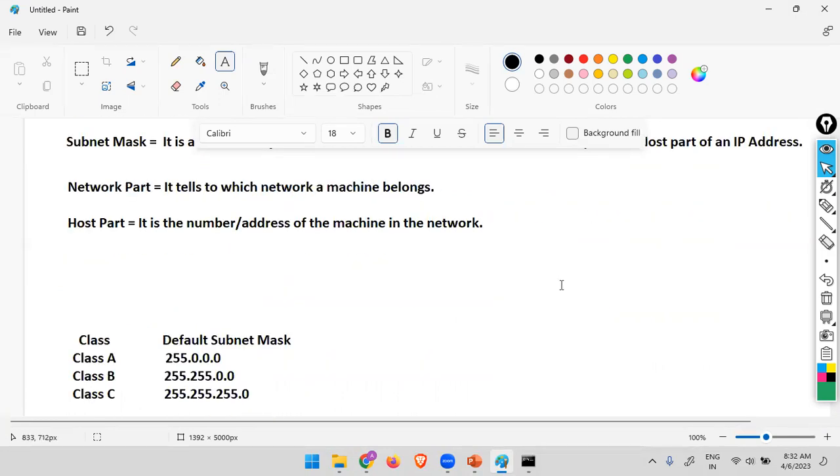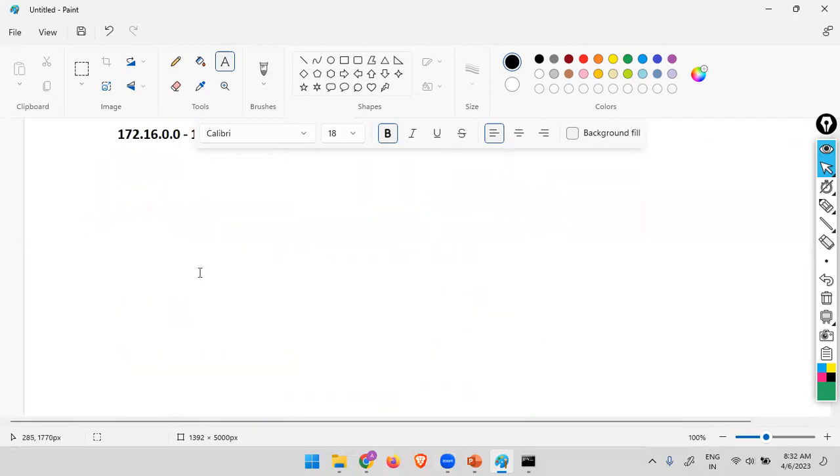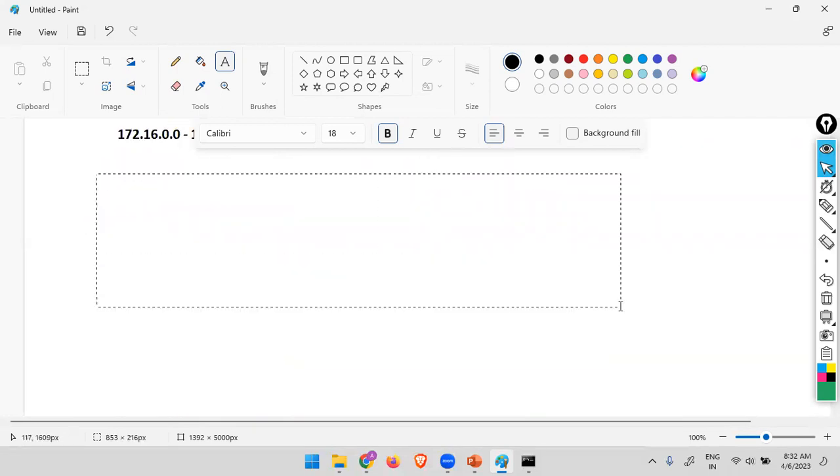Now with subnet mask, you have to remember a few things. What are those things? Let me write here.